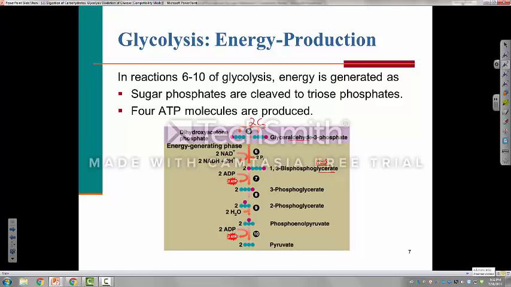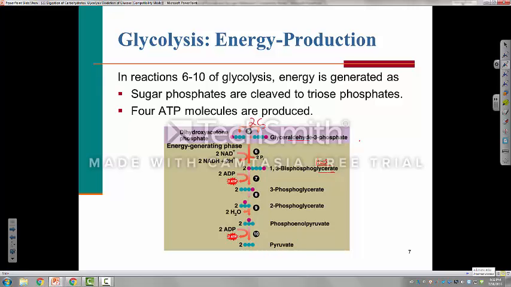We're doing a similar thing, except we're not burning it in a flame, we're oxidizing it with these coenzymes. Then energy is stored in this bond, and then it is transferred to ATP. Everything's multiplied by 2, so 2 ATP here, and a similar thing happens at the end, 2 ATP, so we get 4 ATP and this molecule pyruvate.